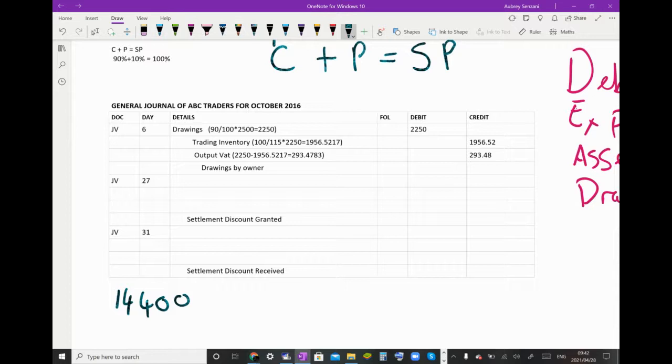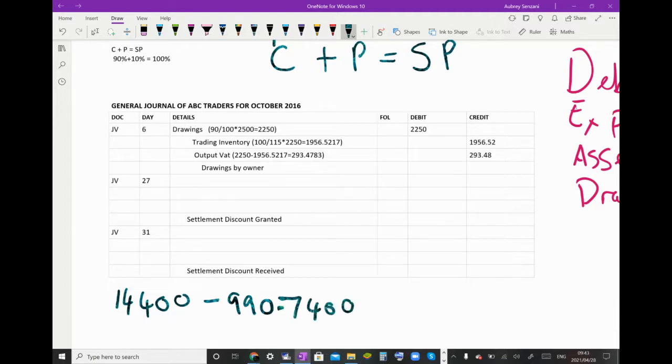14,000, and then the next date was on the 17th. And on the 17th, we had 2 transactions with him. One, he was returning goods. Oh, sorry, there was damaged merchandise, so he was returning goods. So that's minus 990. Then on the next date, he was purchasing more goods for 7,400.